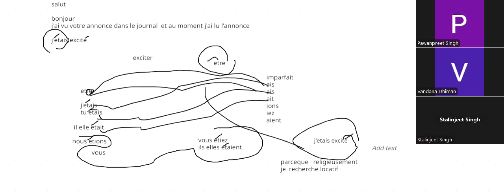Dans, preposition. Dans votre région. In your region. Is it clear to you? So, je recherche religieusement un locatif dans votre région. Now répétez après moi. You have written that thing.